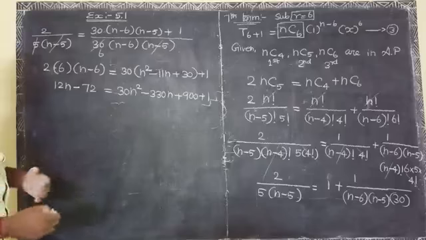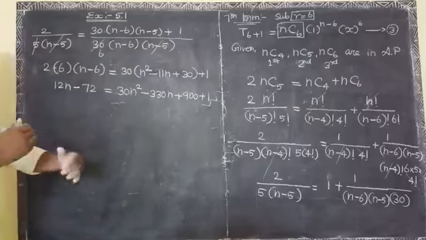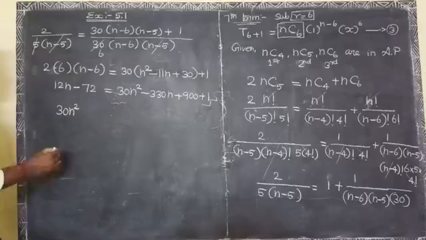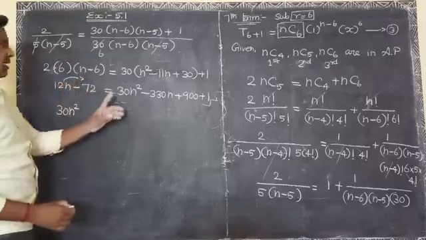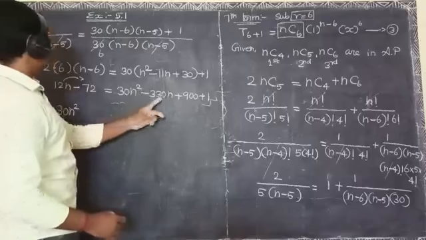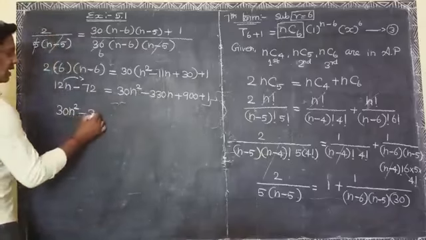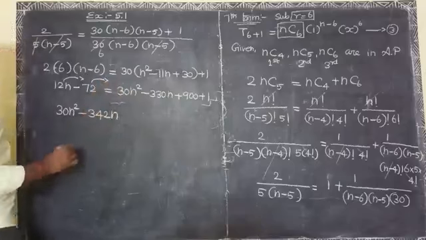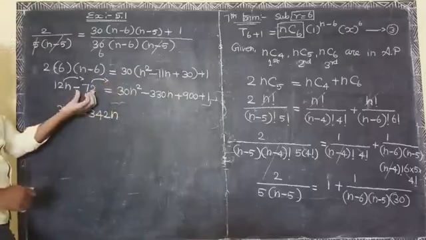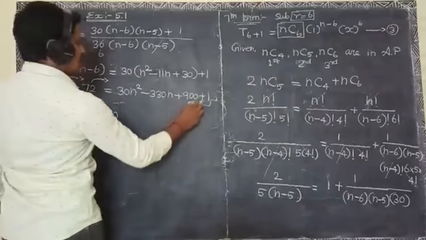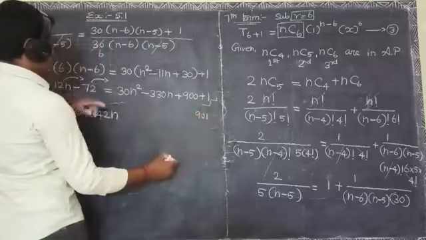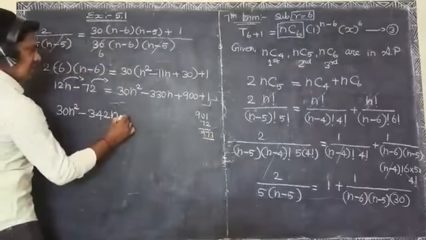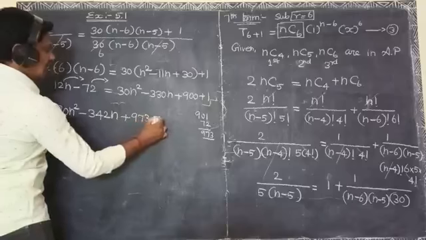Rearranging the quadratic equation of n, that is 30n square, and 12n goes to the right hand side, so minus 330n minus 12n is minus 342n. Minus 72 goes to the right hand side with opposite sign, that is positive. Here 900 plus 1 is 901, plus 72 is 973, plus 973 equal to 0.